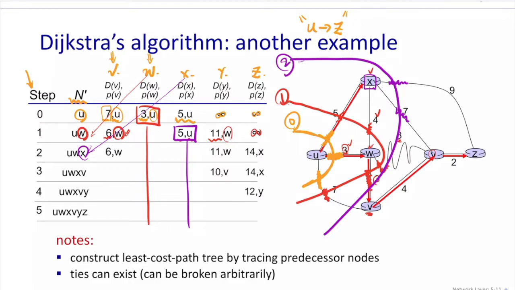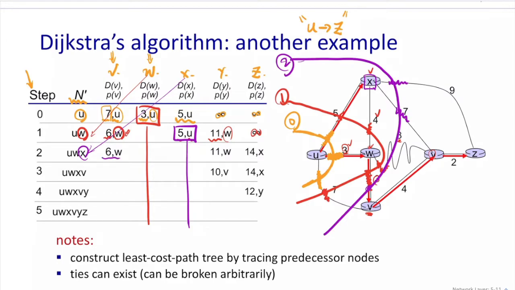Okay, so let's take a look at V. Can we reach V through this boundary? Yes, it's right here, but it is not through X. So including one more X does not help, so we simply just write 6W.